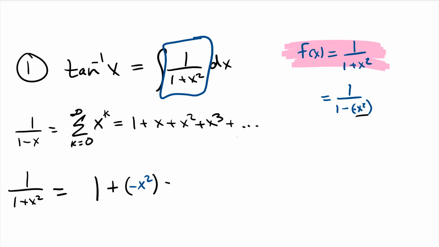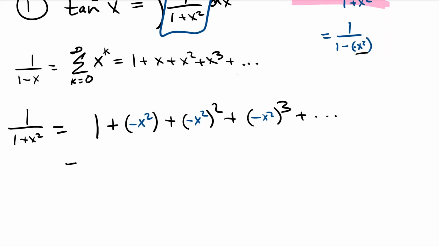And then we add something squared plus something cubed, putting our -x squareds in there, and we write plus ... because it's an infinite thing. And here it is: 1 minus x squared plus x to the 4th minus x to the 6th plus x to the 8th minus ... and it goes on forever.